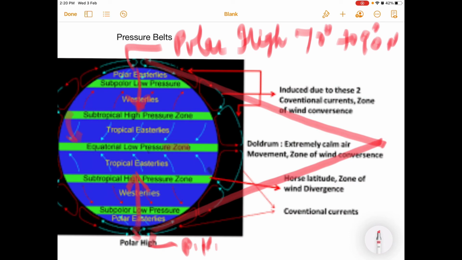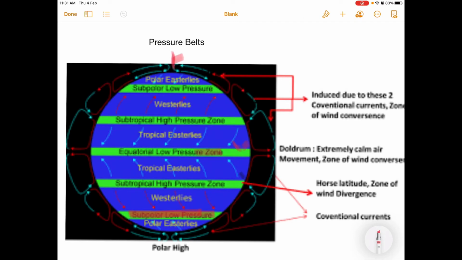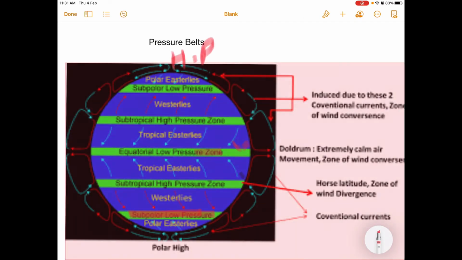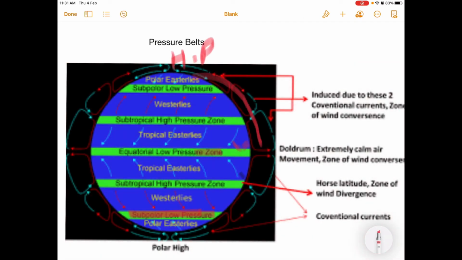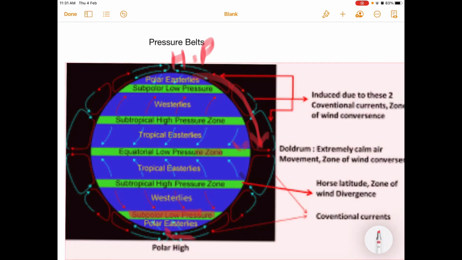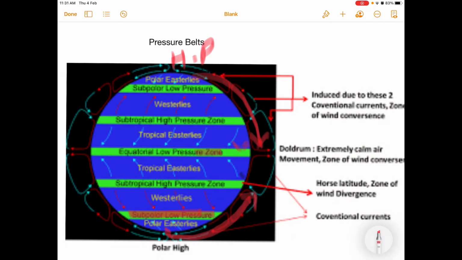And that is why, because of the inclined rays of the sun and low temperature, a high pressure area is created in this zone. So from this high pressure, from the northern hemisphere, the winds move towards the south, and from the southern hemisphere, the winds move towards the north.